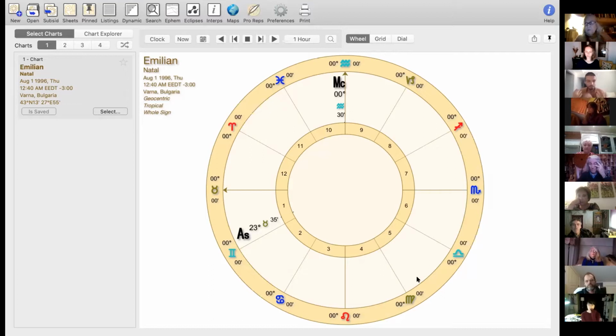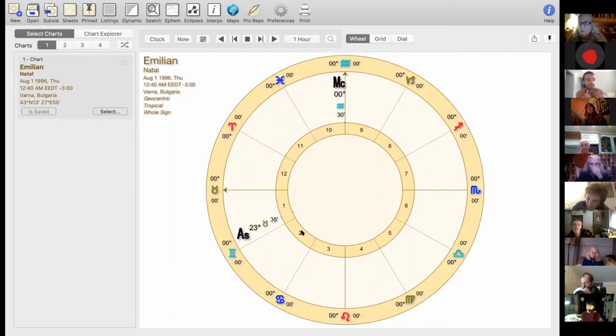I mean, the intuition behind it is very clear. It's very obvious how these things go. And you can even take it as far as Lord of the hour, but we're not going to go there. You don't even really have to go to Lord of the day, right? Lord of the month and Lord of the year are kind of enough. Even Lord of the year can just give us a big clue about what we can expect.